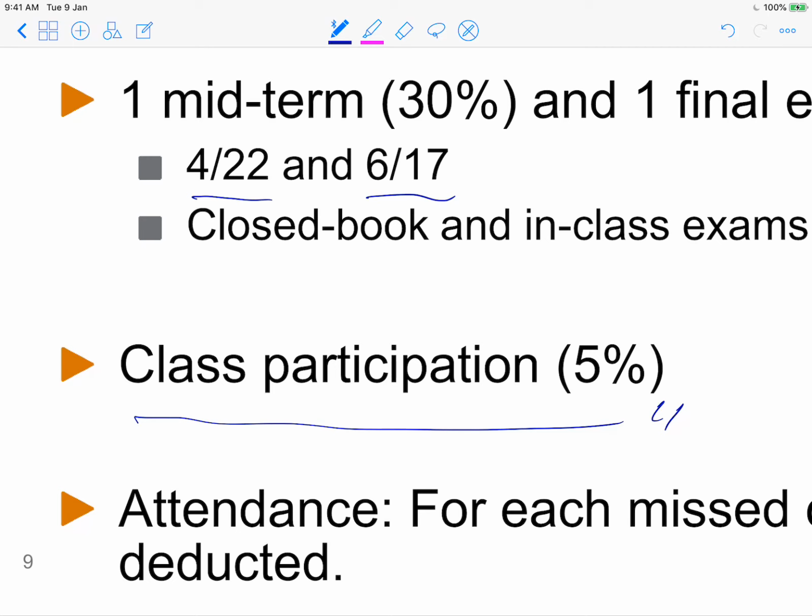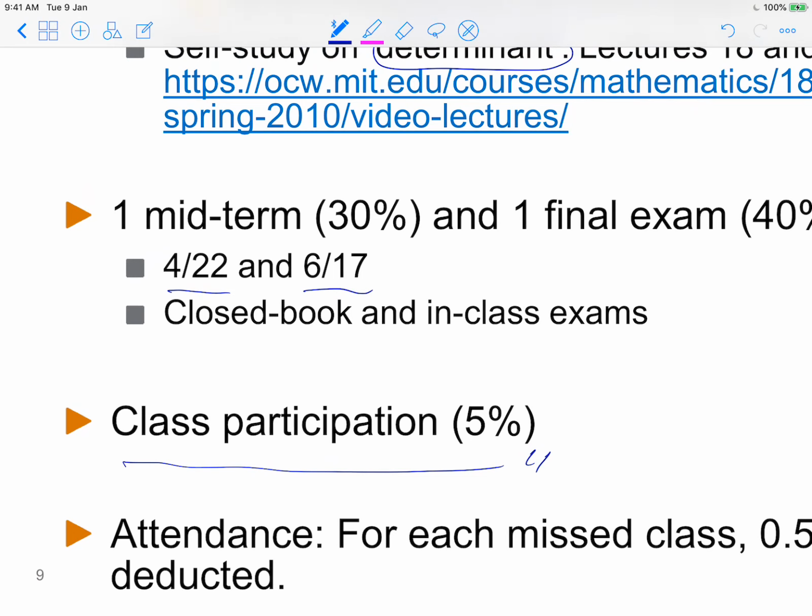So this is kind of a qualitative criteria, depending on how much I remember you, based on your active participation in this class. It is often the case that some of the active students may get a higher letter grade at the end. So don't underestimate this factor as well.